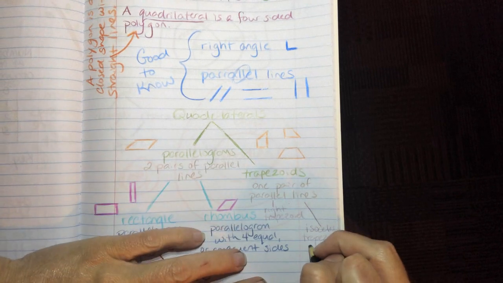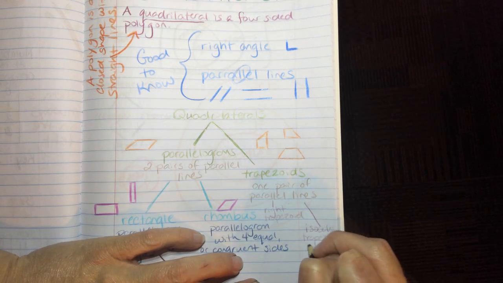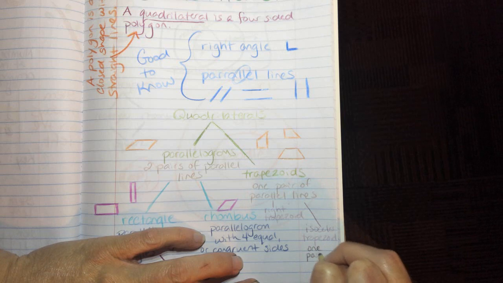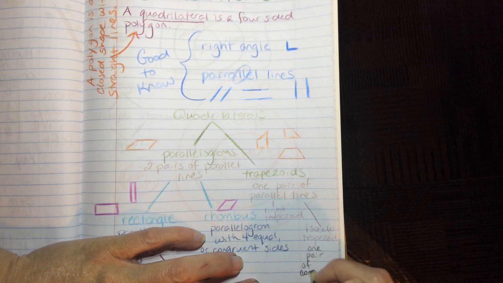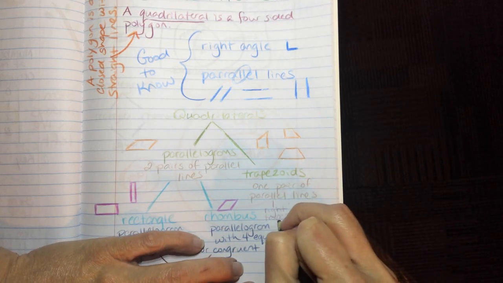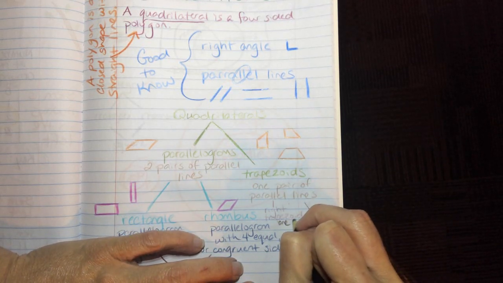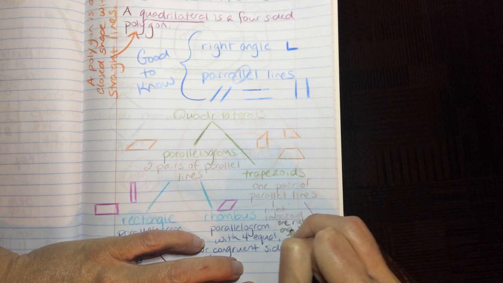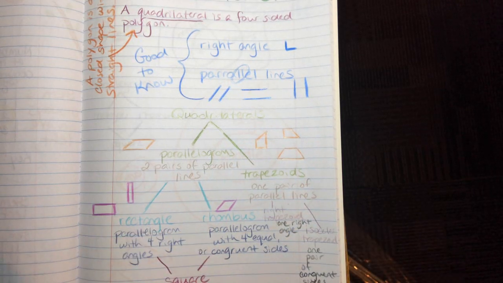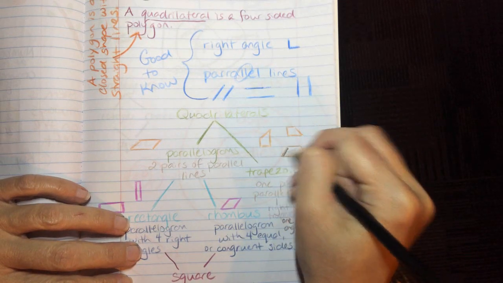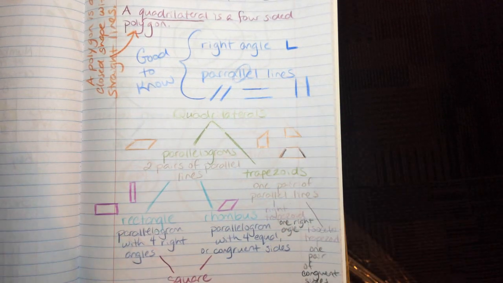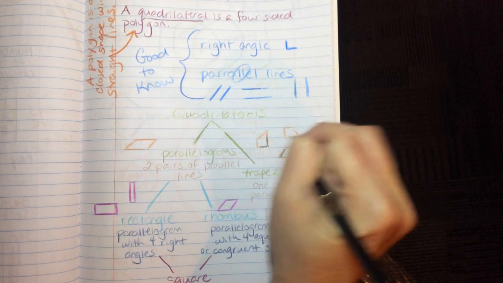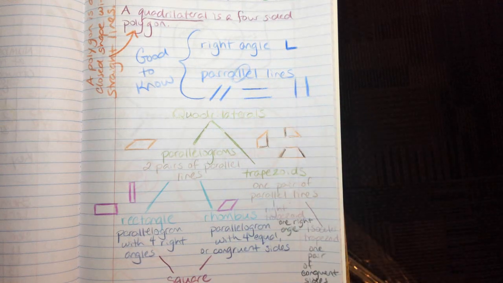An isosceles trapezoid has one pair of congruent sides, and a right trapezoid has one right angle. So this right here is an isosceles trapezoid because these two sides are the same, and this right here and this right here are both right trapezoids because they have a right angle.